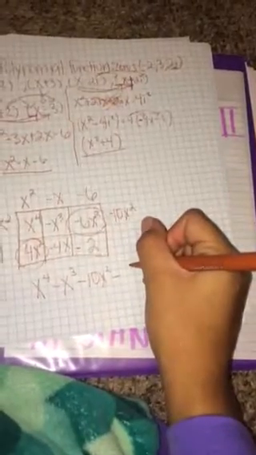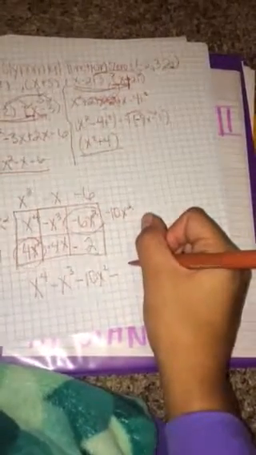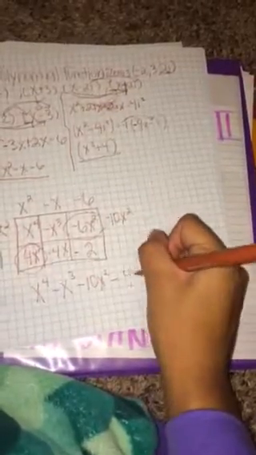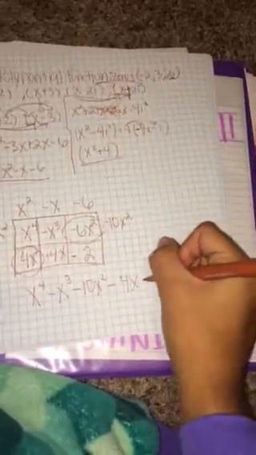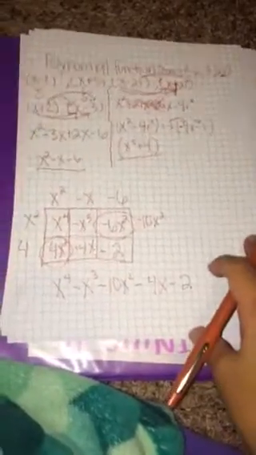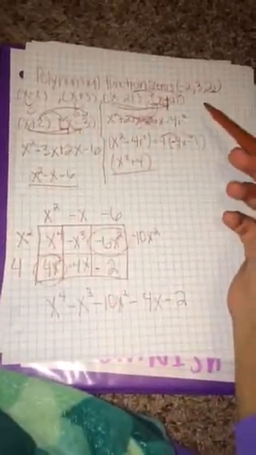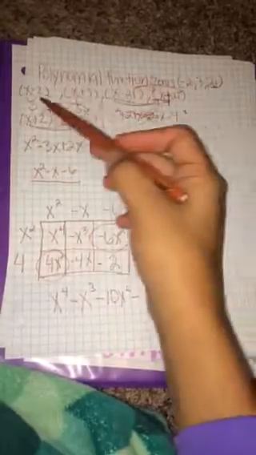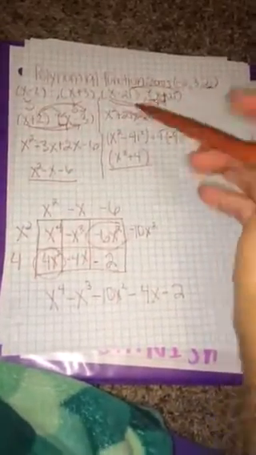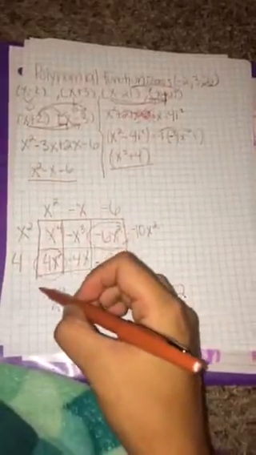2x squared, minus 4x, minus 24. This is our polynomial function that we get when we combine the zeros that we were given.